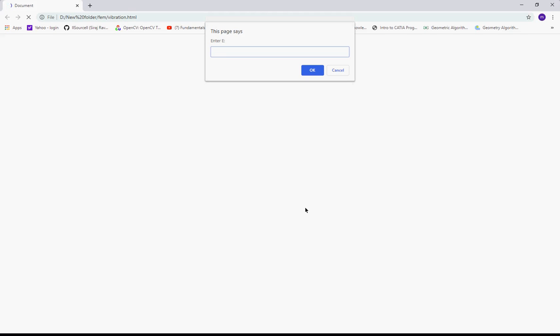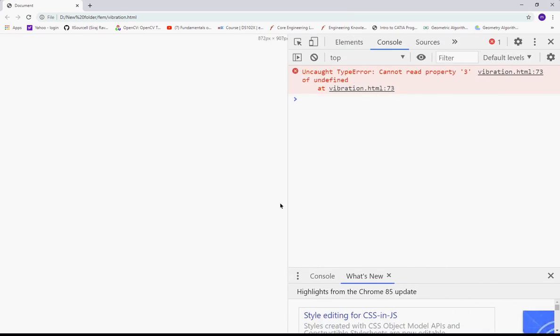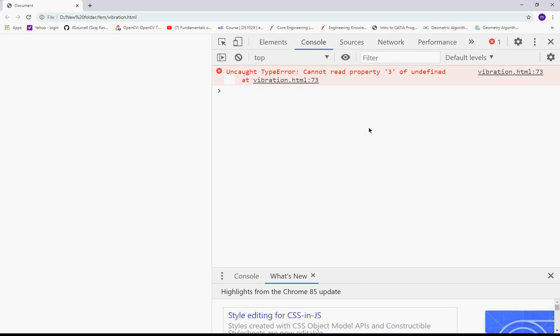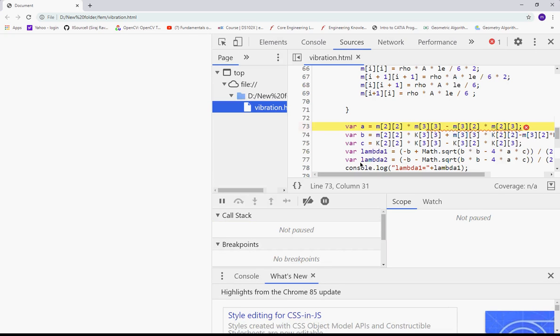Enter the area 50, 2E5. Enter the length 1000, 7800. Okay, so I just check the console log. I got an error: cannot read property 3 of undefined.